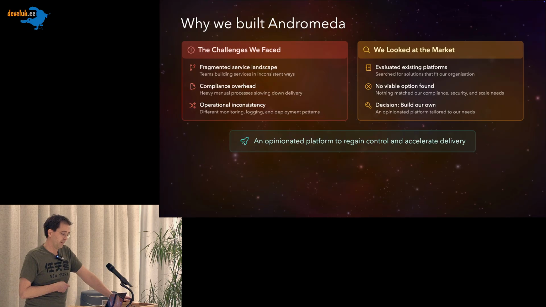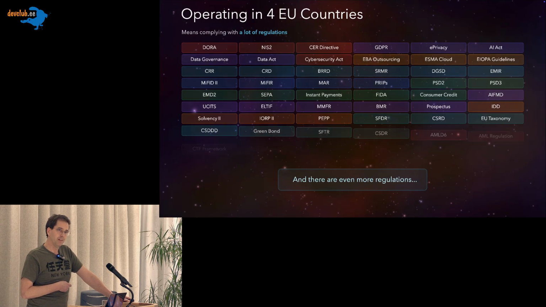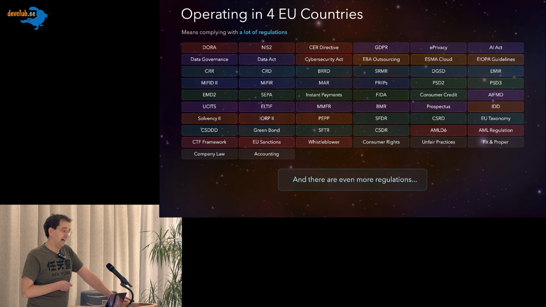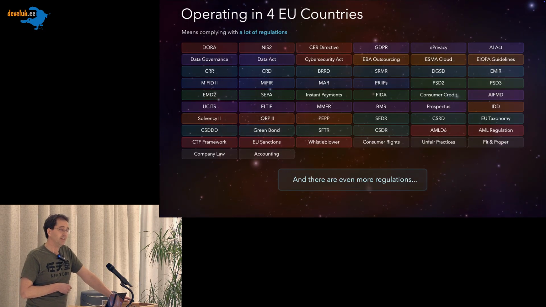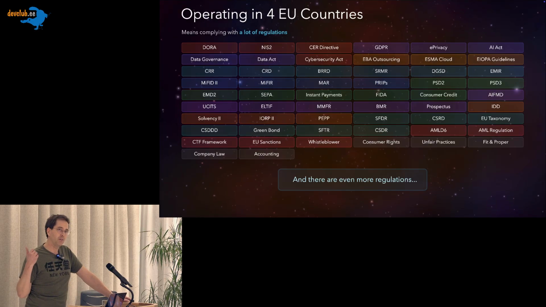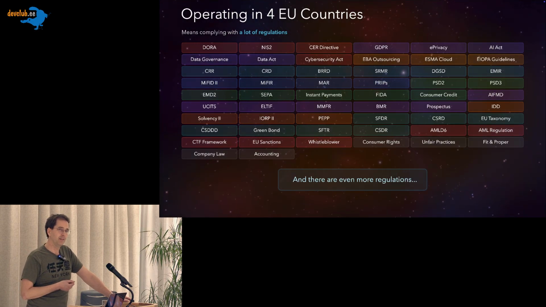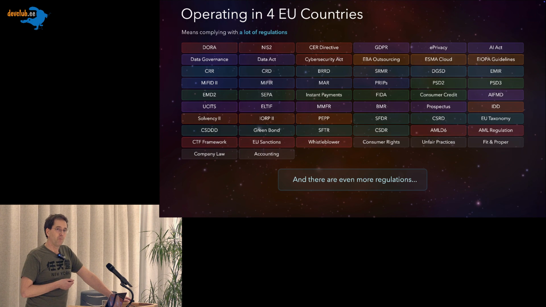And why, I will say the word compliance here a number of times, but this is the landscape of being a bank. I haven't read all this. I don't want to read them all. But there are a lot of these regulations, and then unfortunately operating in 4 EU countries doesn't make life easier as a company. And there are even more.